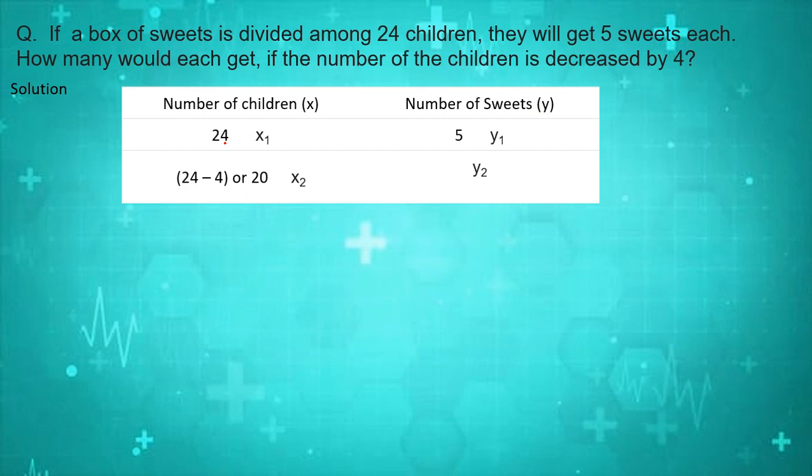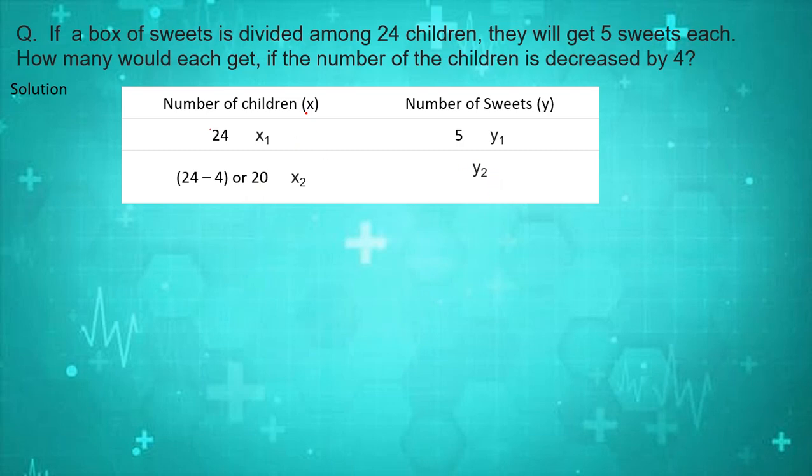So the number of children in the beginning is 24. The number of sweets received by each child is 5. Now the number of children decreases by 4, so that is 24 minus 4, equals 20 children now. So how many sweets each will receive, we have to find out.